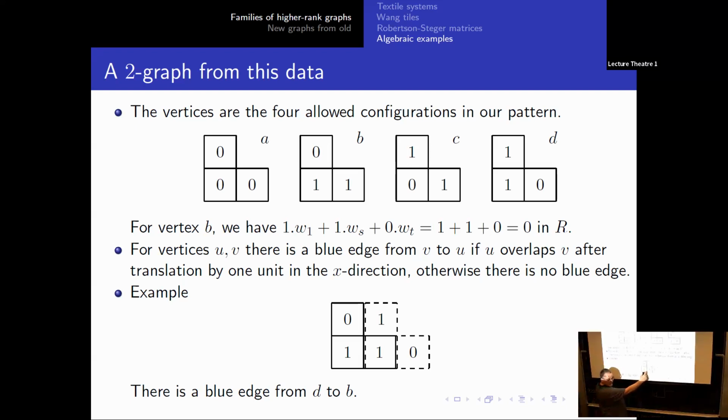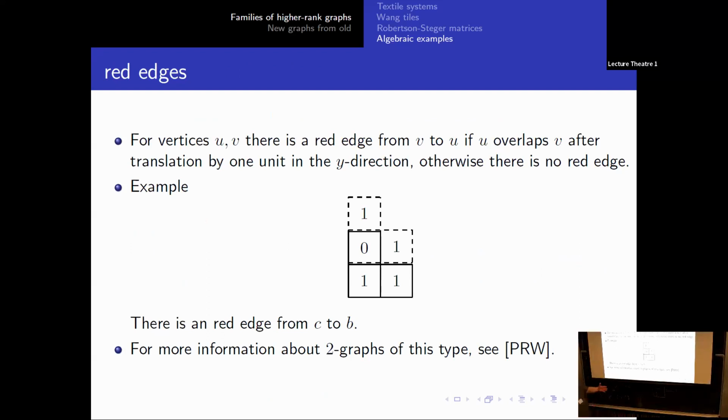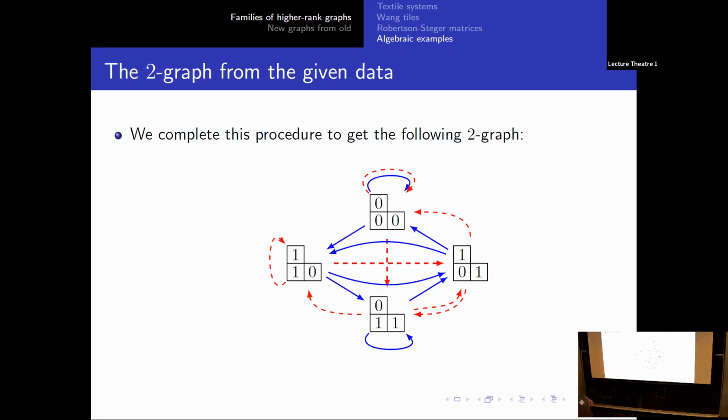And if they can agree, you put an edge between that vertex and that vertex. And you can build a graph from that. And the same goes for red edges, but now you work vertically. So this is joint work with Ian Raeburn and Natasha Weaver. And then from there, here's the 2-graph that you get, just built from a polynomial and some equation.